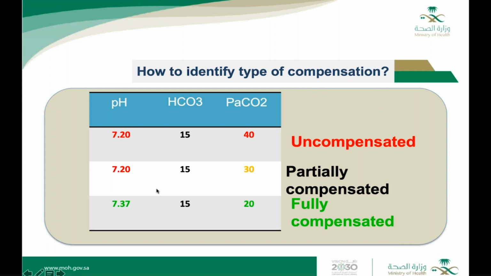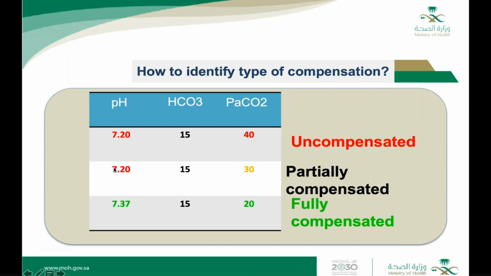The bicarb was the cause why the pH was on the acid side, and the CO2 goes down in order to get the pH to the normal value. Here we have fully compensated since the pH goes to the normal value.